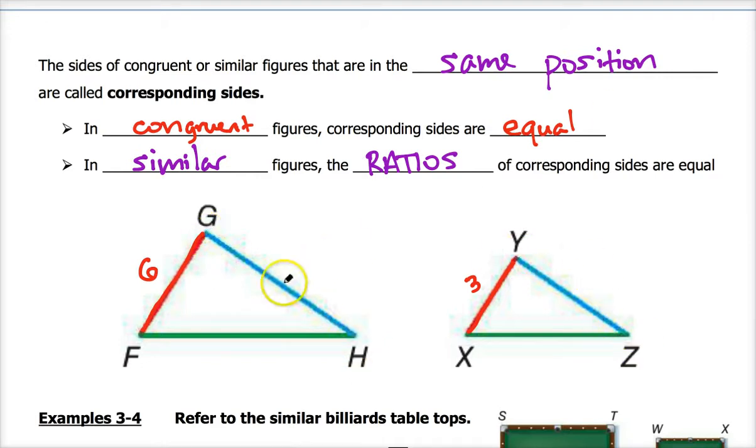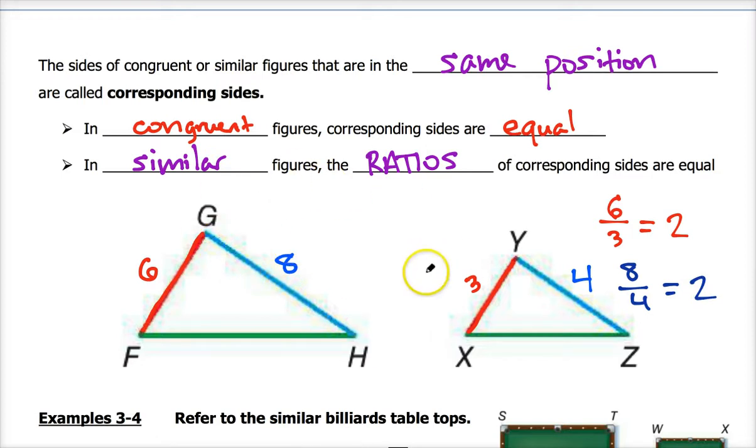So if the side GH was 8, then the side YZ must be 4, because since 6 divided by 3 is equal to 2, the same has to be true over here. This side, 8 divided by 4, must also be equal to 2. That's what it means for sides to be corresponding in similar figures: the ratios of the sides are equivalent to each other.